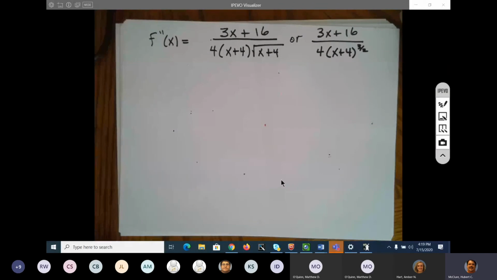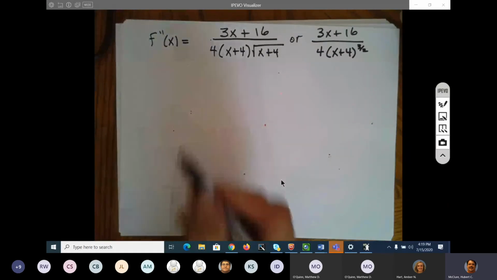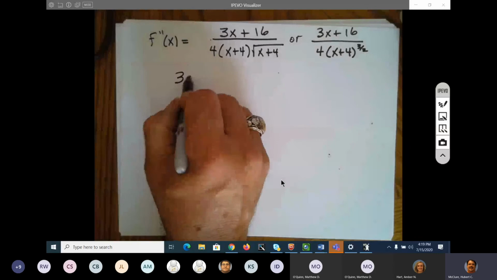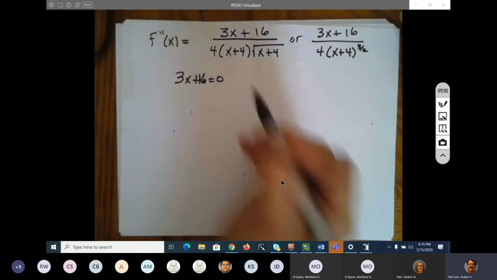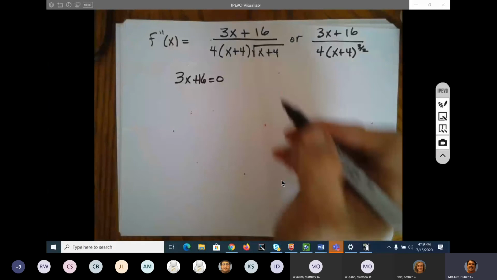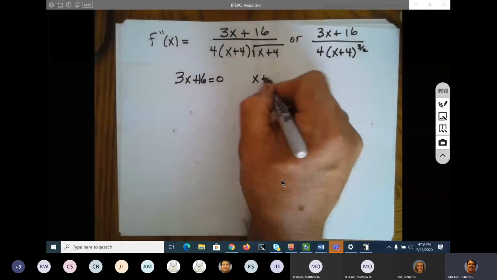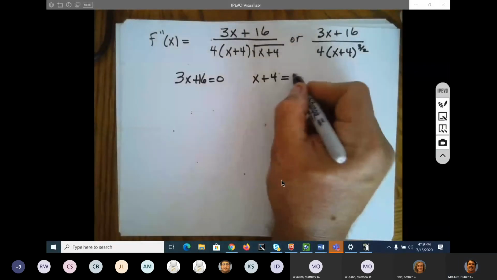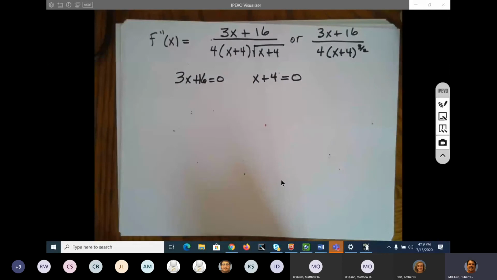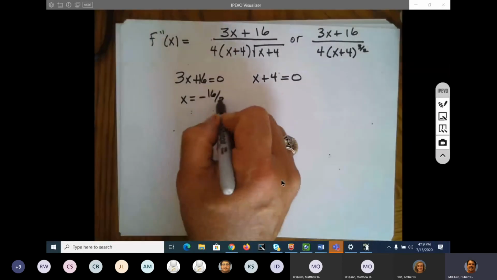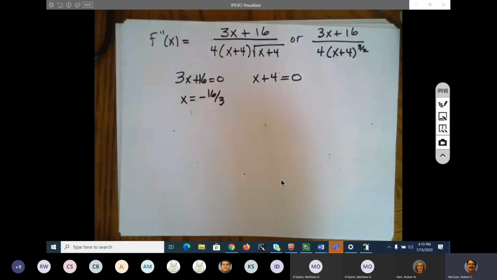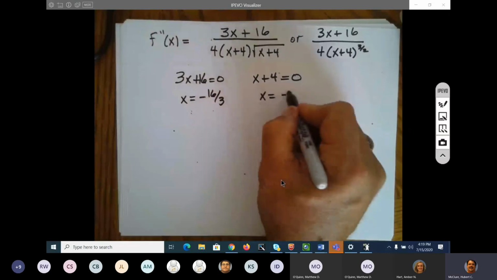Now set that equal to, you're going to set 3x plus 16 equal to 0, and you're going to set x plus 4 equal to 0. And that's going to give you x is equal to negative 16/3, and x is equal to negative 4.